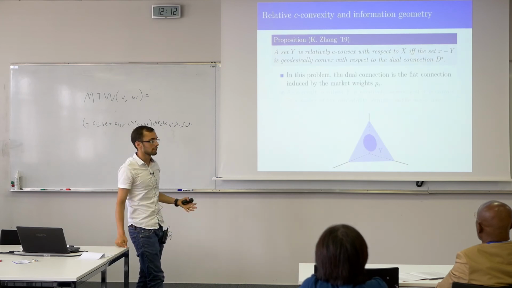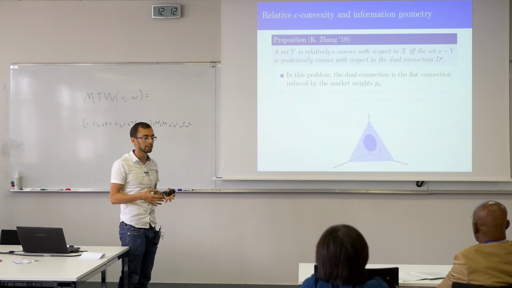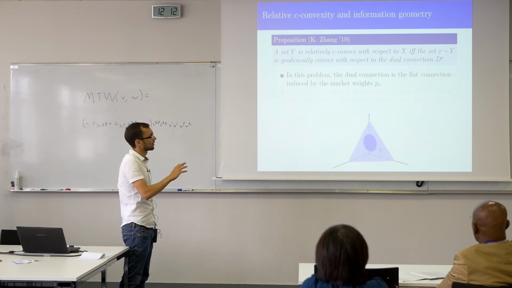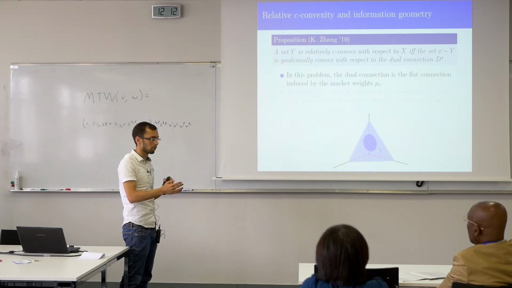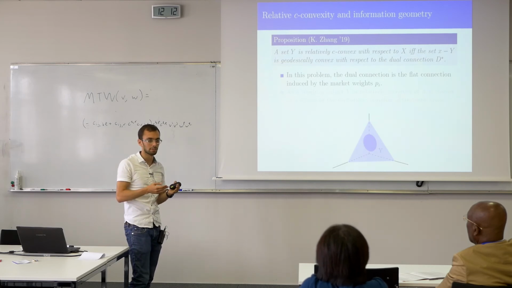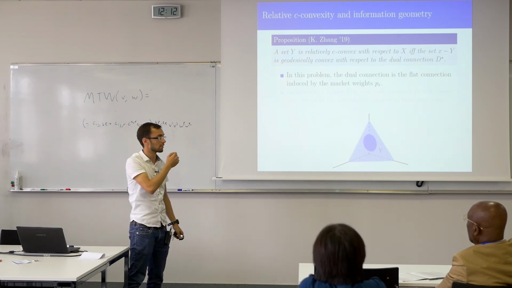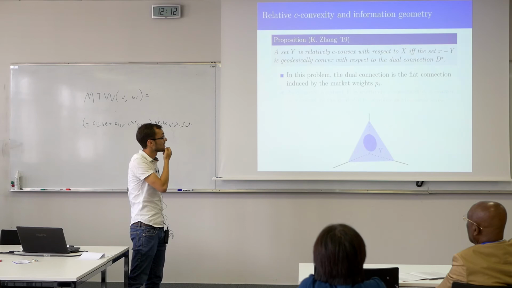So just to bring it home to this problem, the one that we're actually working with, in this case there's a correspondence between the x coordinates, which are the natural parameters of the multinomial distribution, and the market weights p_i, which are the sufficient statistics.